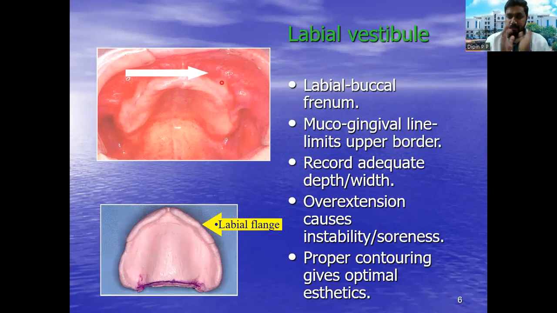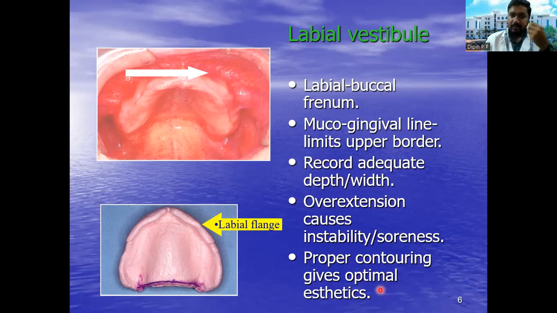If the proper sulcus width or depth is not recorded, and it is an overextended impression or overextended labial flange, it will result in instability or soreness of the mucosa. In the same way, if it is an underextended labial flange, it will result in breakage of seal and also a loose denture. So the proper contouring gives optimal aesthetics also.